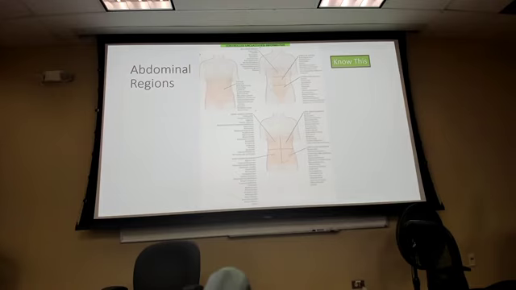Okay, if we're talking about the upper GI, if we're talking about the right upper quadrant, if we're talking about the left lower quadrant, you already then have an idea of what types of disease processes can happen there. Okay, so this is just a good overview. I know it's small, you can print it out, make it bigger, whatever you gotta do. This will help you the rest of the semester.